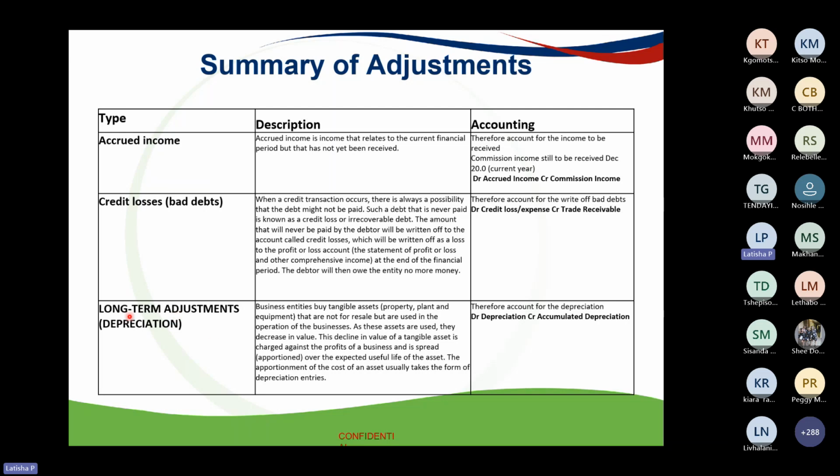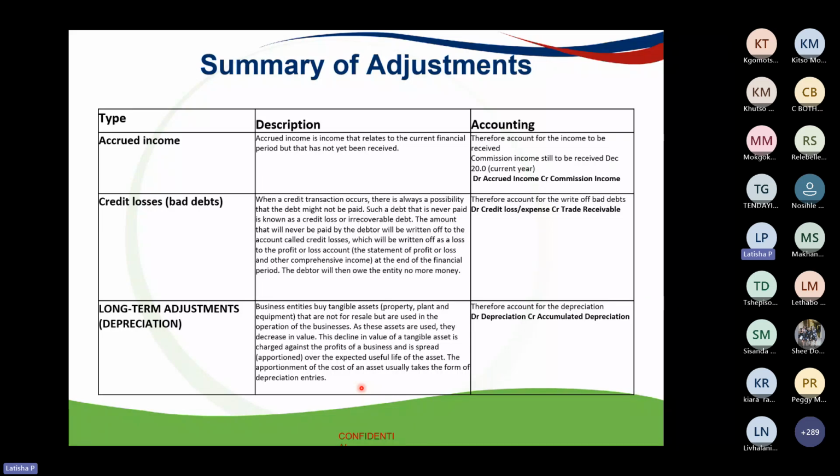And then the last type of adjustment we have is depreciation. Depreciation arises when a business buys an asset for use in their business. Examples of those are property, plant, and equipment. For example, machinery that you need, vehicles potentially, so anything to run your business. You buy the asset initially, and over time, the asset value decreases.